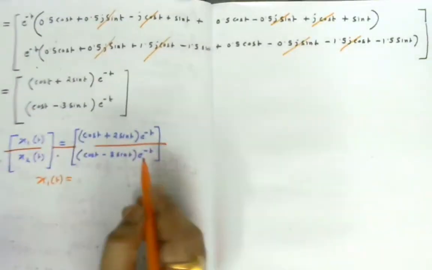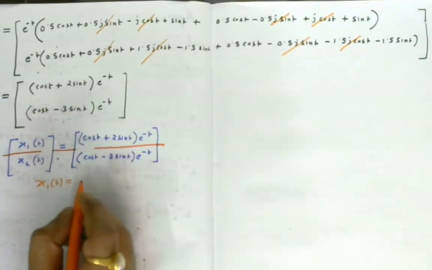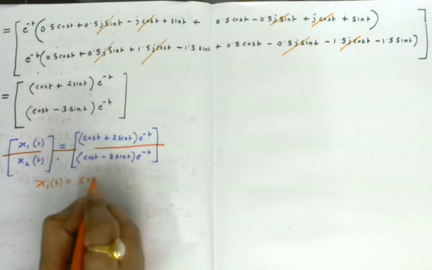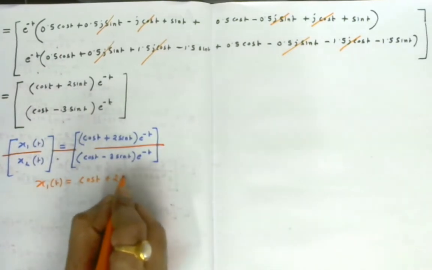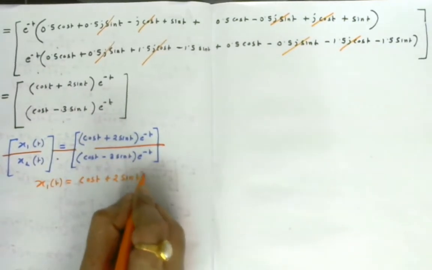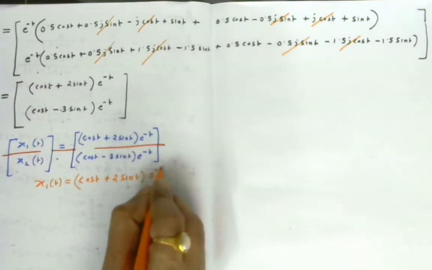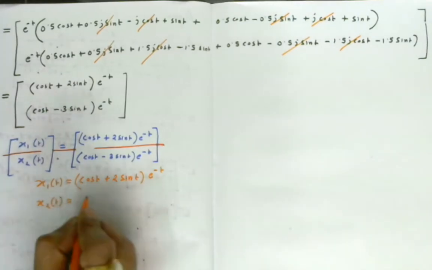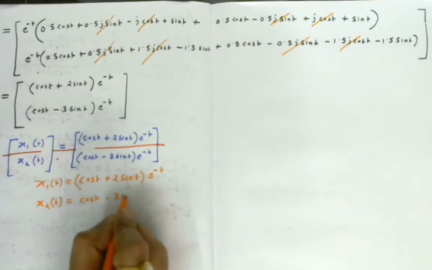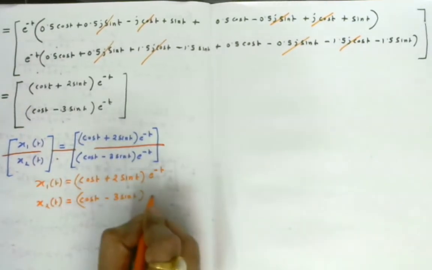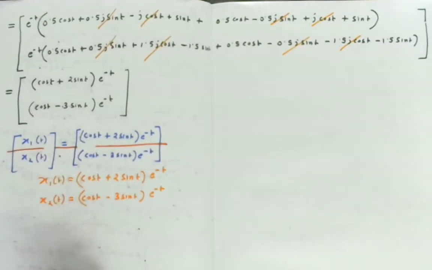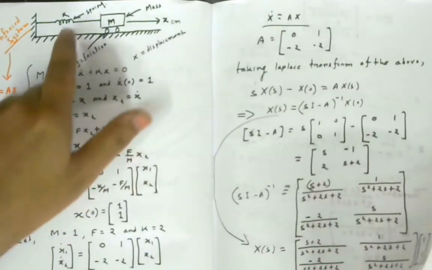Anyway, if I write down the solution of the differential equation individually, these are the solutions of the differential equation, and this differential equation is applicable for the mass spring system.